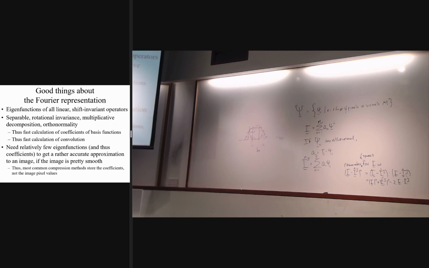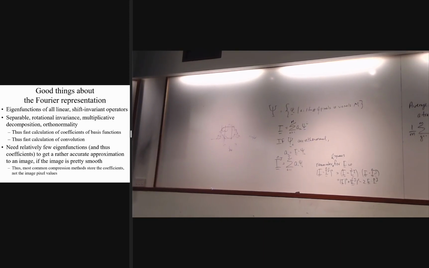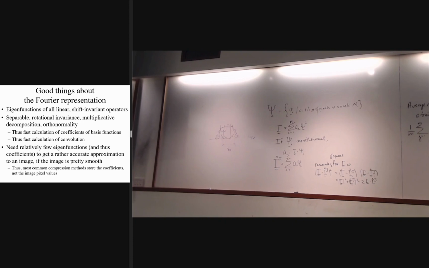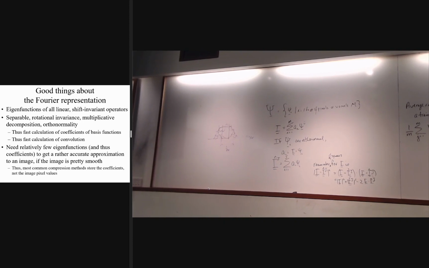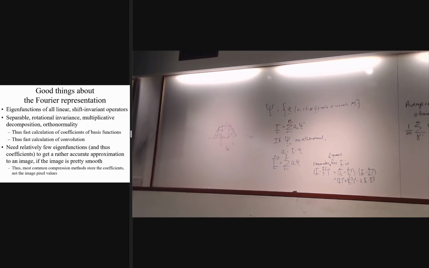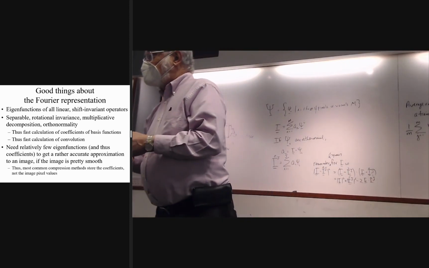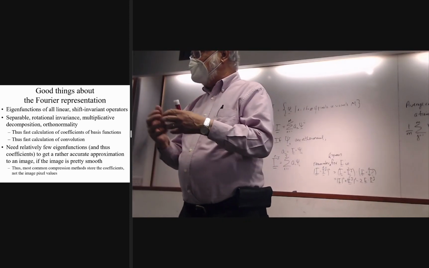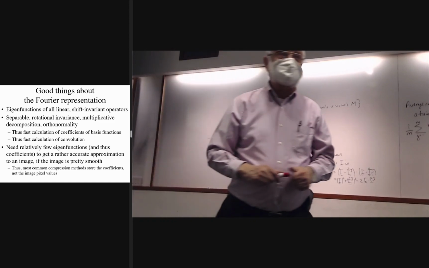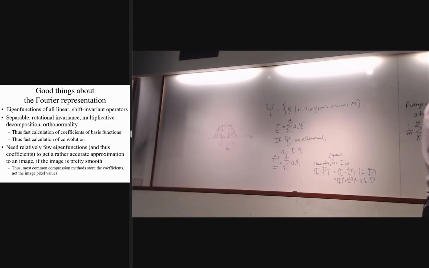They are the Fourier images, the sinusoids. The first is that they are the eigenimages of linear shift invariant operators. And the nice thing is that no matter what shift invariant linear operator you have, you have the same eigenimages. The only thing that varies operator by operator is the eigenvalue associated with those.